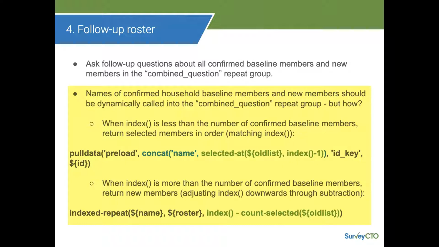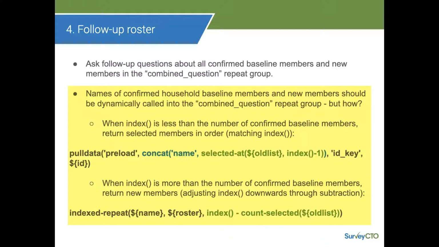Well, this can be done dynamically using index. Remember, index returns the index number based on the position inside the repeat group, which is 1, 2, 3, 4, and so forth. Similar to how the choice list expression I discussed deals with two different cases depending on the position or index value of the roster, a calculate expression could return confirmed baseline members or new member names, depending.